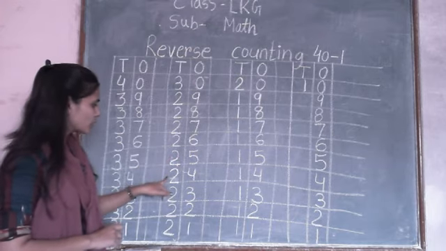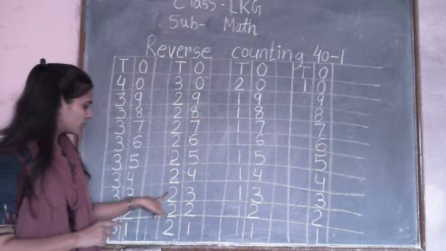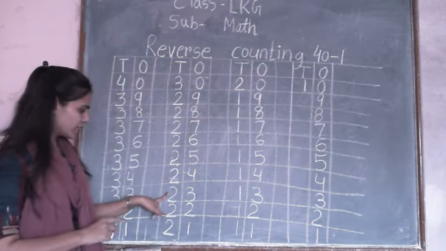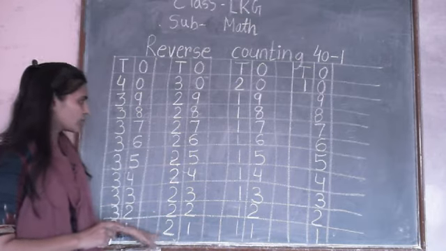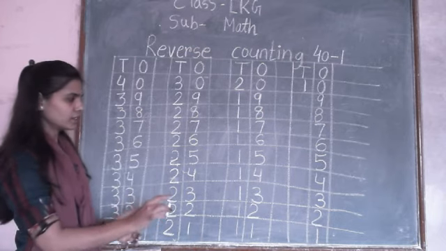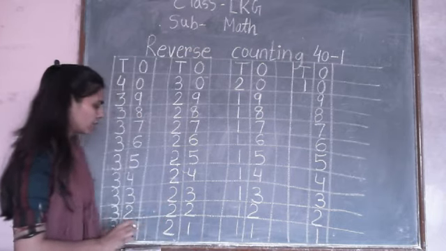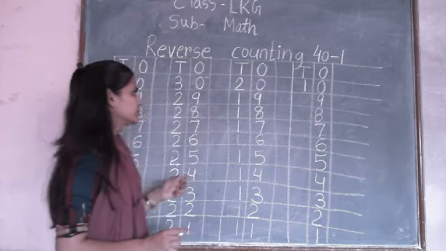Match your notebook. 24, 23, 22 and last 21. Check. Okay, now move to the next line from 20.